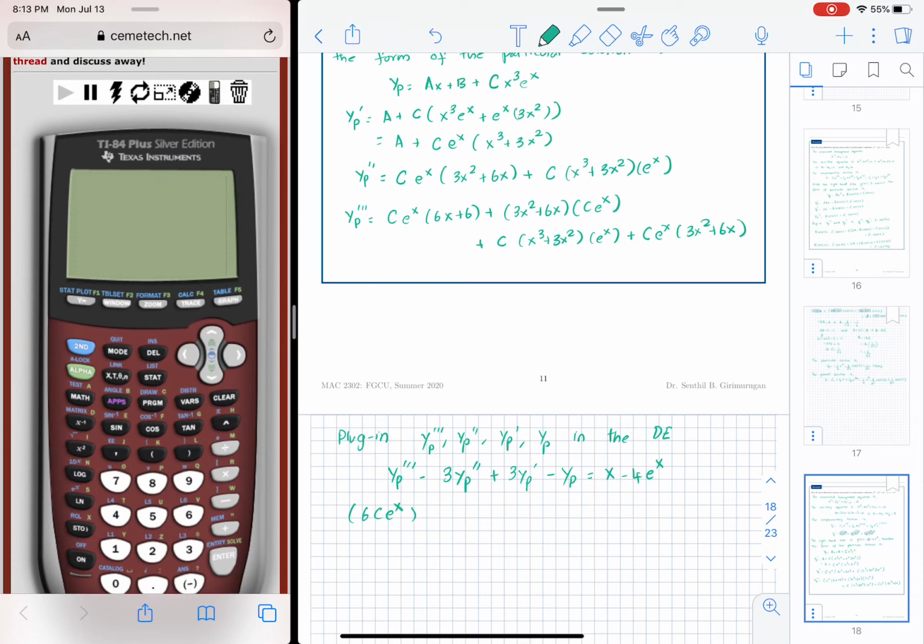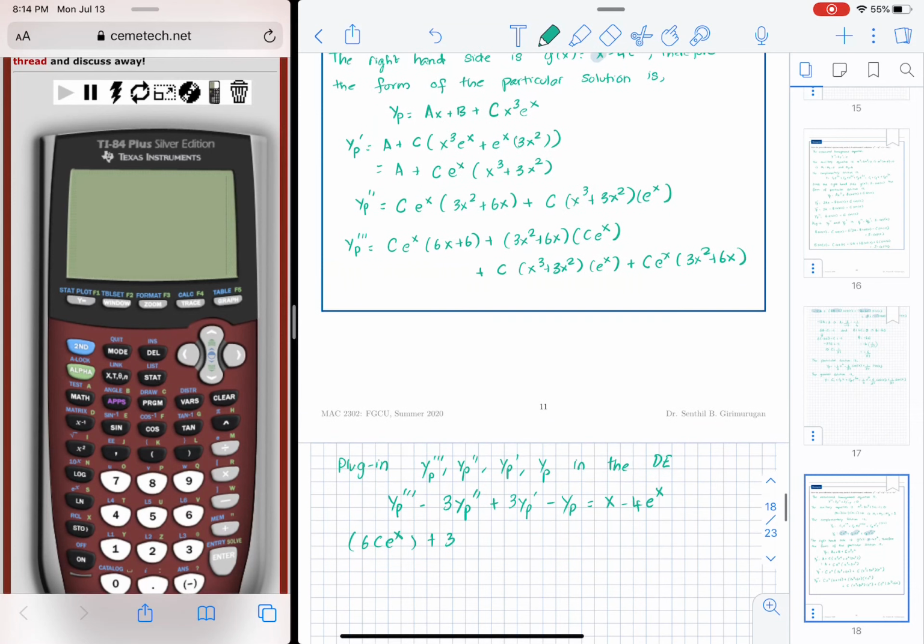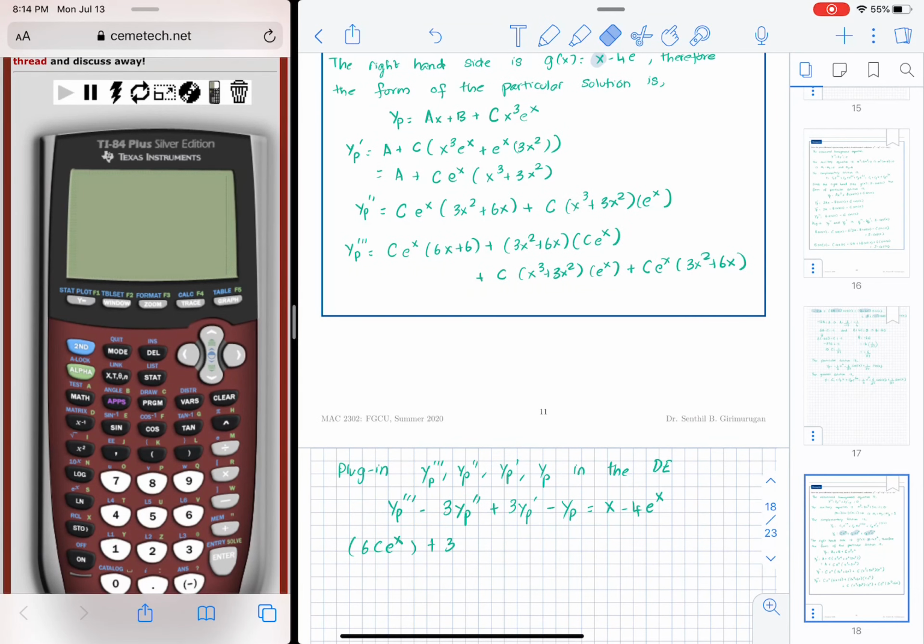So I'm going to skip yp double prime altogether for now. Then I'm going to look at yp prime, and the terms I need would be 3 times just the constant term. I don't think I need the constant term either, because I don't have a constant in the solution. So we'll get rid of that. And yp, I simply have ax, and that is it.